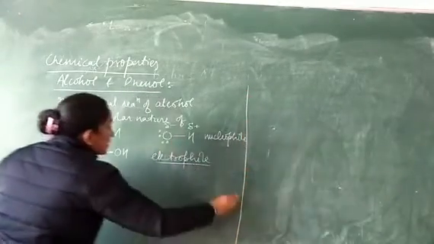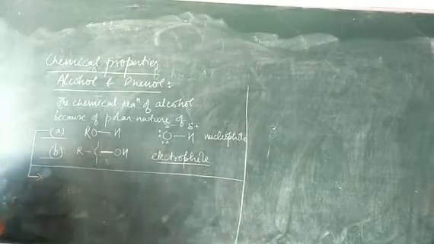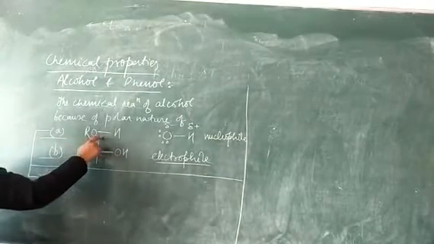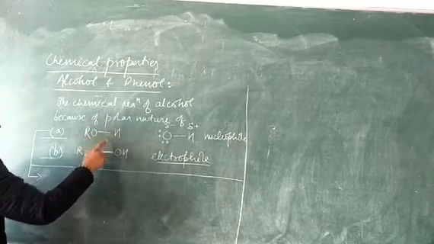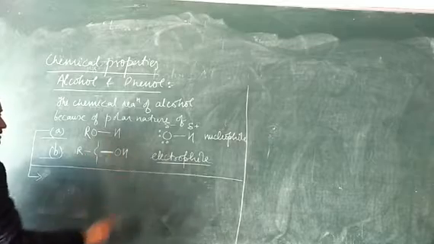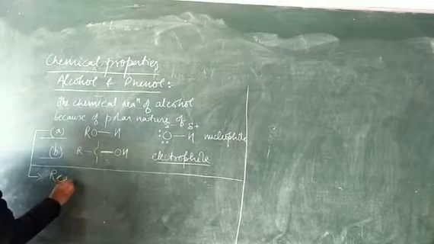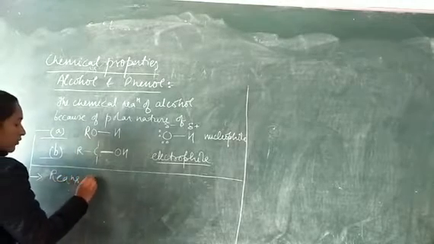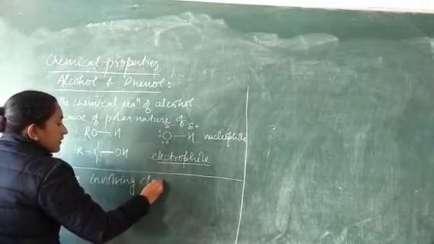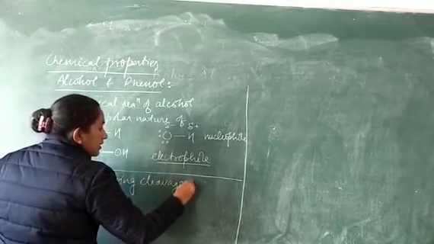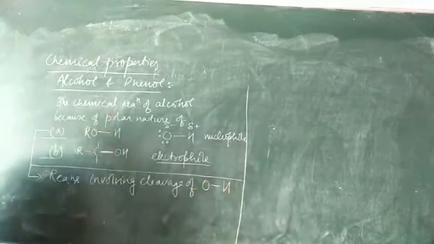So first, the properties related to this bond will be involved in phenols too, but the other will not be there. When we start the reactions we will come to know. So first we have reactions involving cleavage of the O-H bond, right?